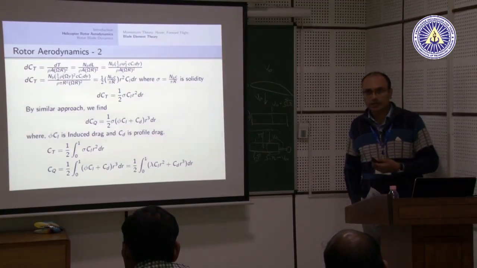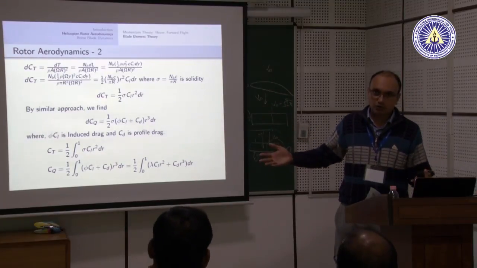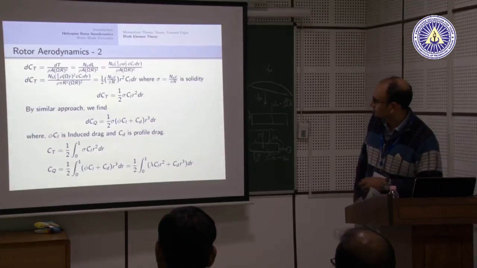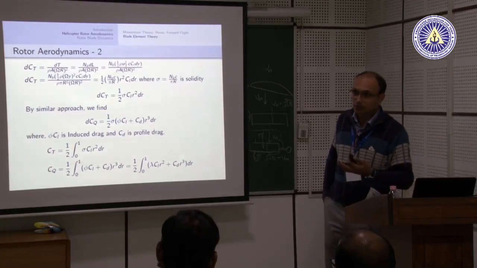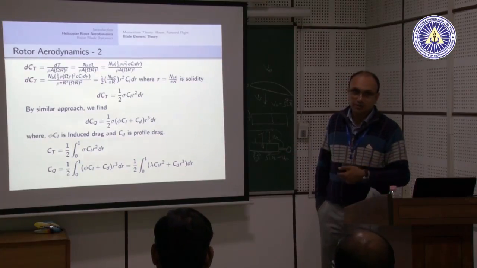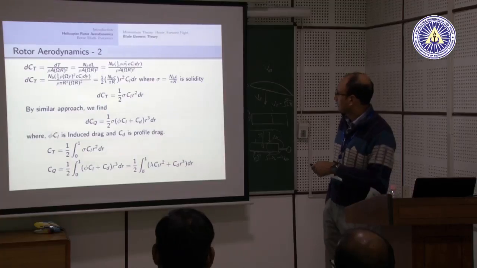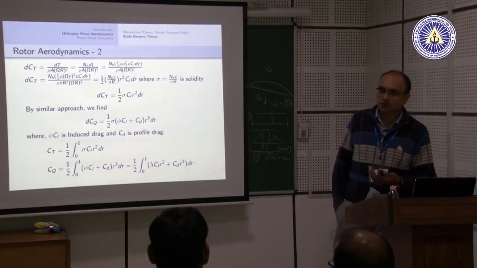If I assume the blade to be rectangular, it will be radius of the blade multiplied by the chord, and multiplied by number of blades. So, R into c into NB will give you the area of the blade, divided by pi r square. So, it will be NB c into R by pi r square. So, R goes away and you are left with this. So, NB into c by pi R. So, this is the solidity of a rotor.